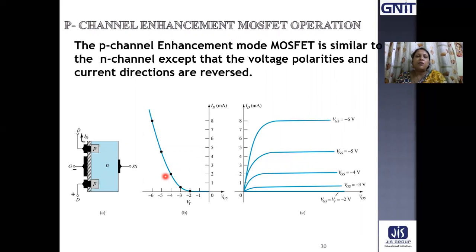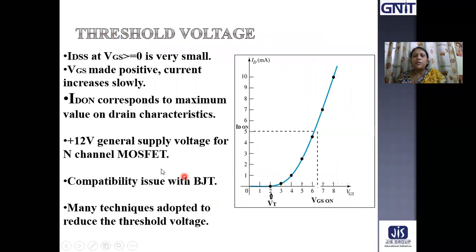So this is the schematic of the P-channel enhancement type MOSFET. The P-channel enhancement MOSFET is similar to the N-channel except that the voltage polarities and current directions are reversed. Here we can see VDS versus ID, that is output drain characteristics, and here we can see VGS versus ID, that is the transfer characteristics curve. Earlier, this was the transfer characteristics curve, VGS versus ID, in the first quadrant because VGS and ID both were positive.